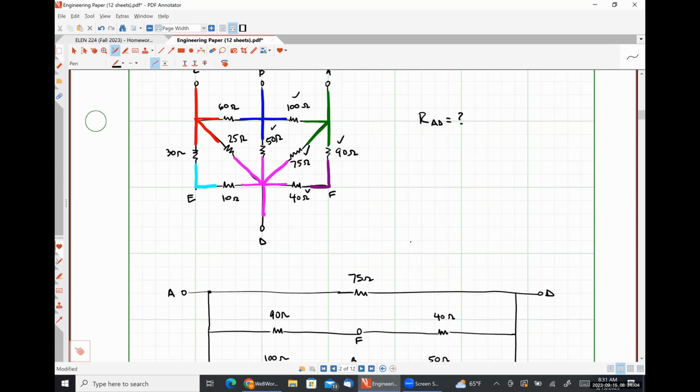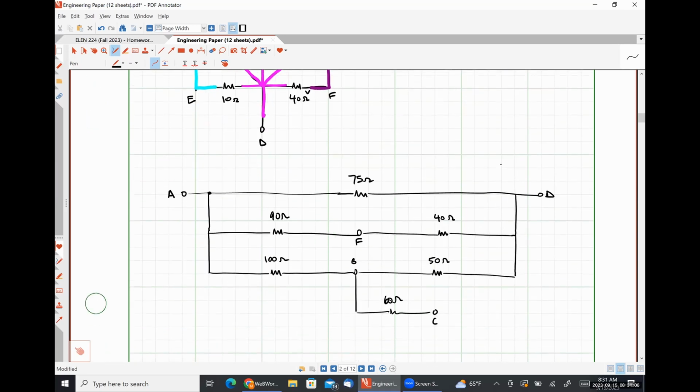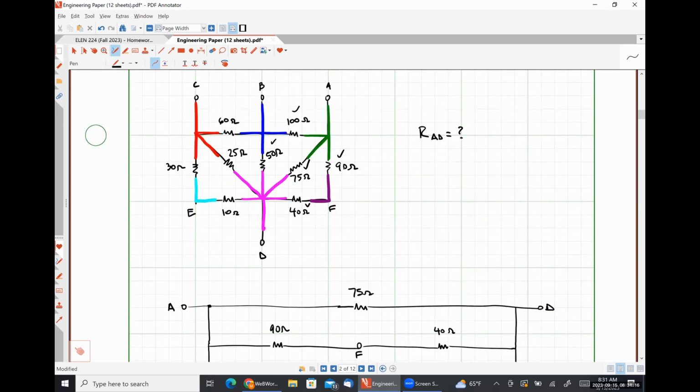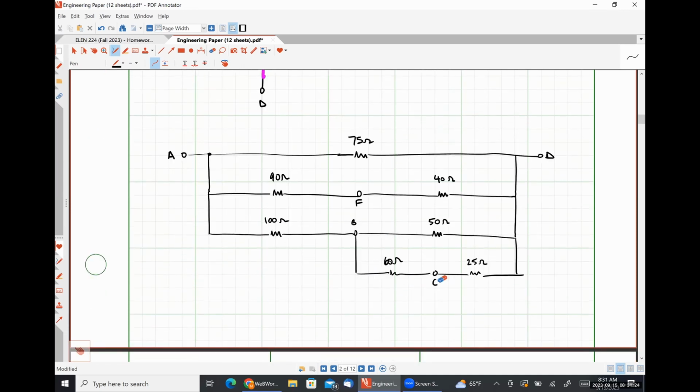To go from C directly to D is the 25 ohm resistor. But I could also go from C, so let's take care of the 60 and the 25. I could also go from C to E to D. So I have another little path down here.